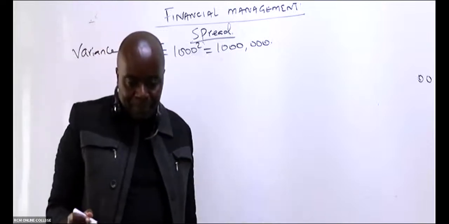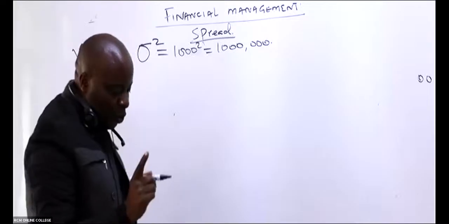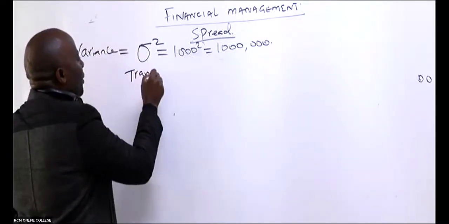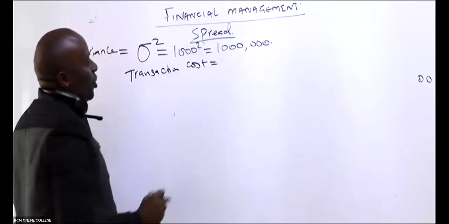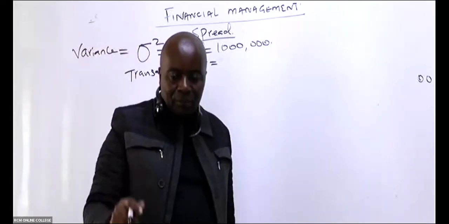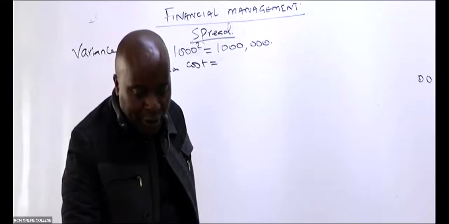Ladies and gentlemen, the other thing that I would expect is the transaction cost. Have they given me the transaction cost? Remember, this one will not be per day, but per transaction. That is the only one that goes against the daily thing.